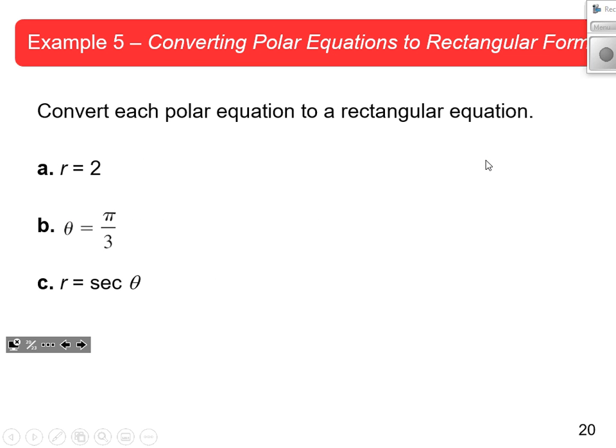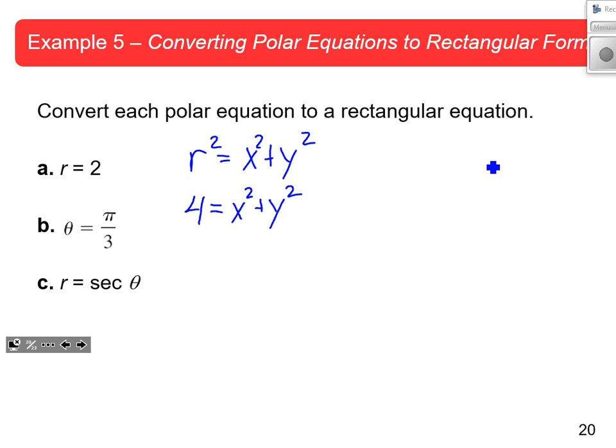Now, for our rectangular to polar, we said that r squared is equal to x squared plus y squared. Now, we don't have any sine or cosine in this, do we? So we're just saying that r is 2, so r squared would be 4, and that's it.